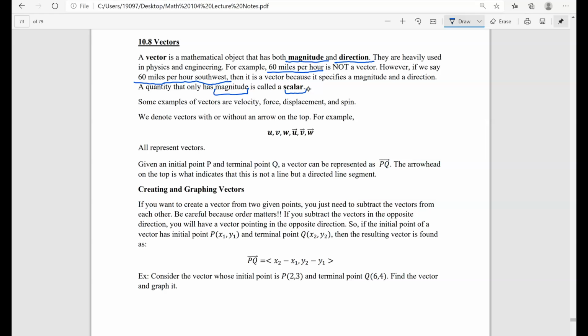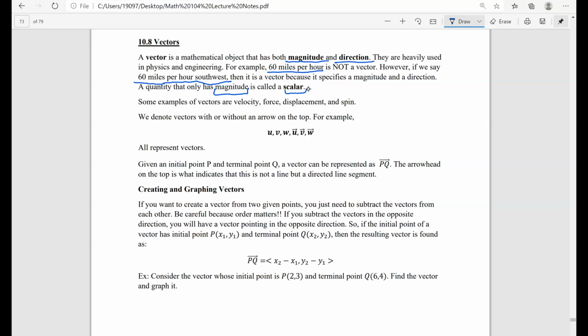Some examples are velocity, force, displacement, spin. These are good examples of vectors. And the way that we denote vectors, we bold them, but when we write them down and do problems, it's really difficult to bold.